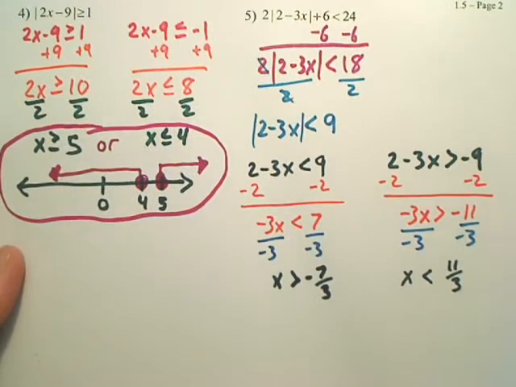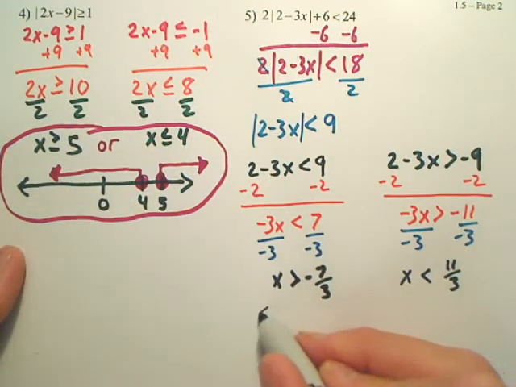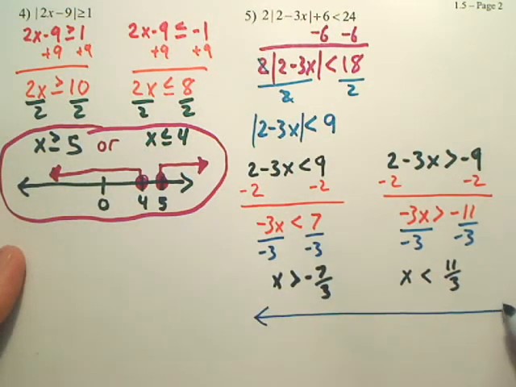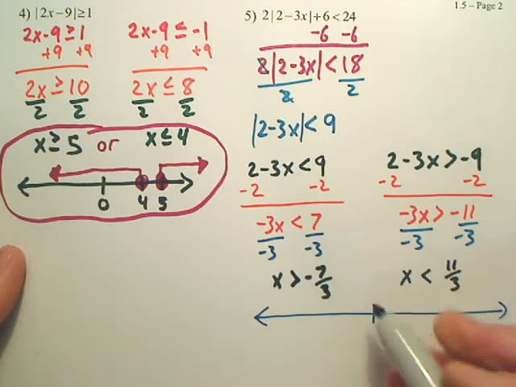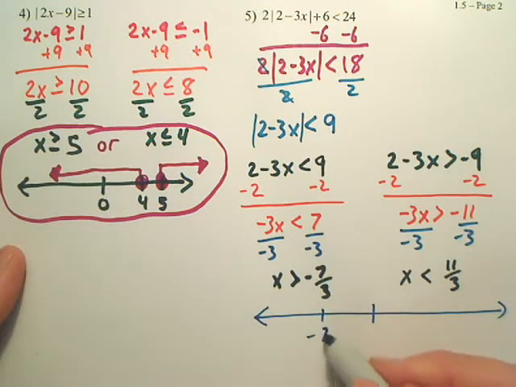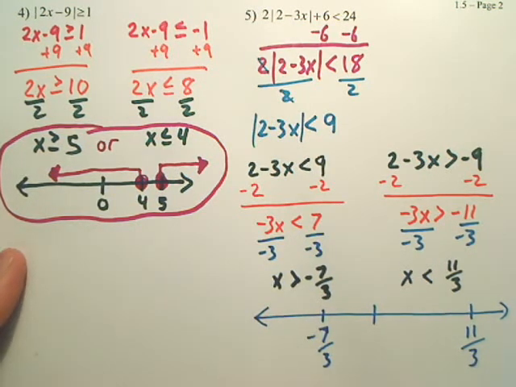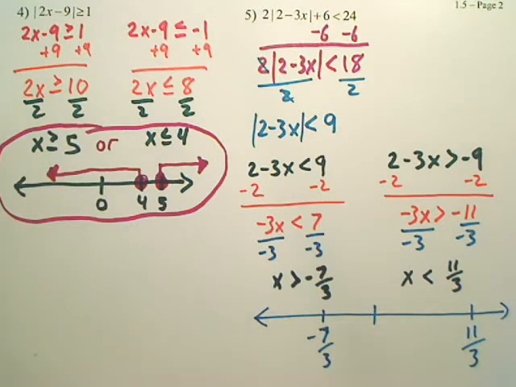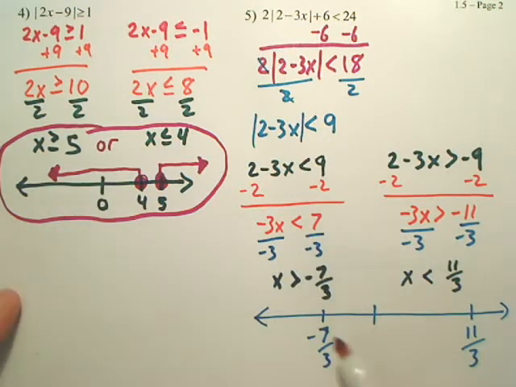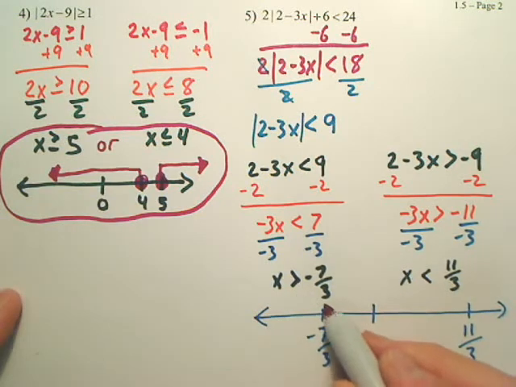Now, make our number line. Negative 7/3. I don't care exactly where it's at. Negative 11/3. Is this an open or closed circle? Open. Because it's just greater than, it's an open circle.